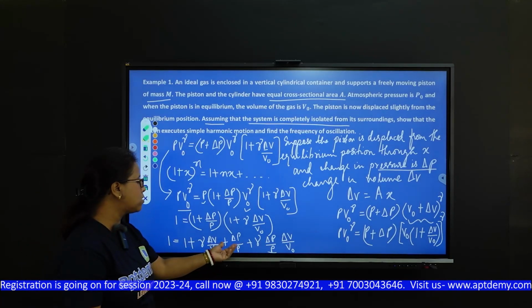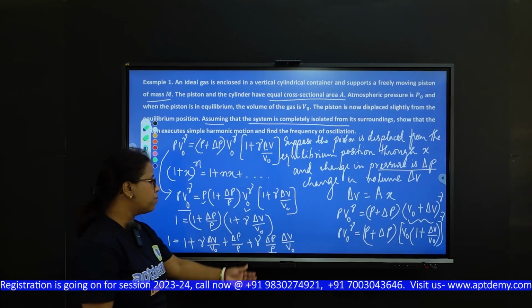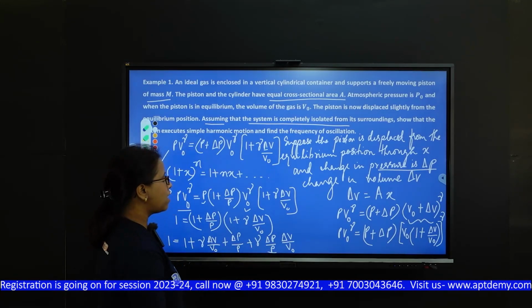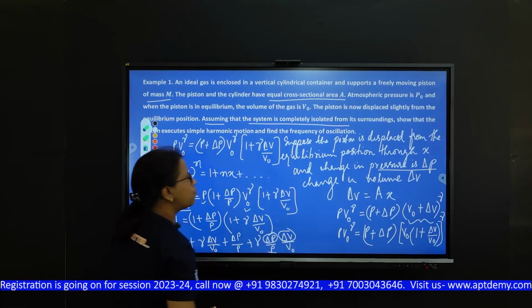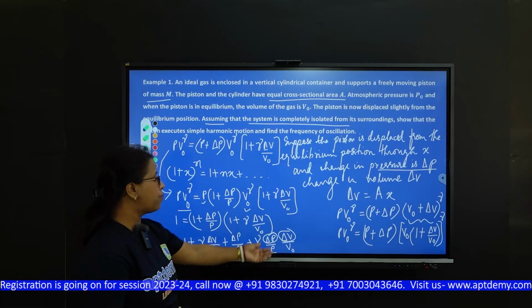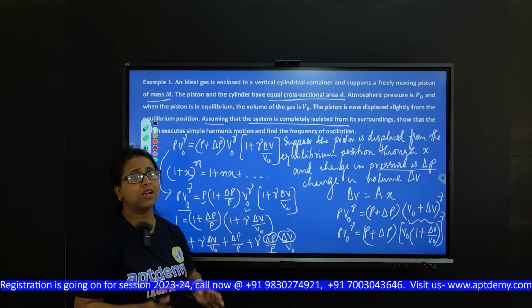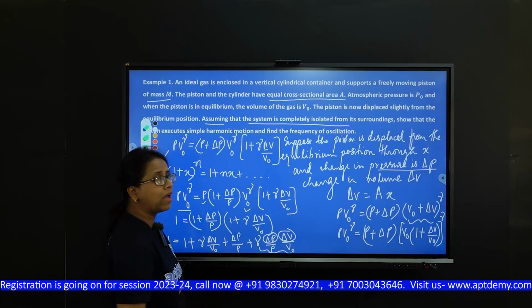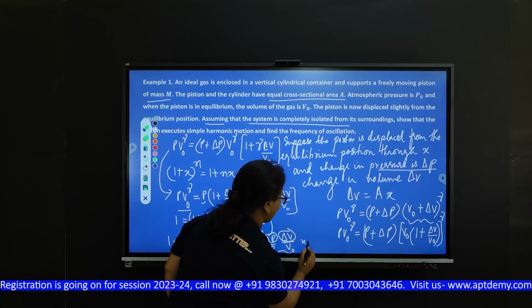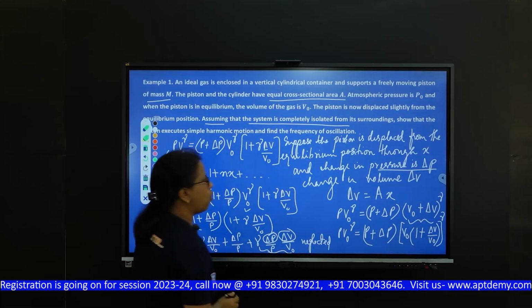We are left with the second and the third terms, but looking at the fourth term, as it includes delta P and delta V, both of which are very small, the product of them is still smaller. And so this entire fourth term on the right hand side may be neglected, as it will account for a very small value.